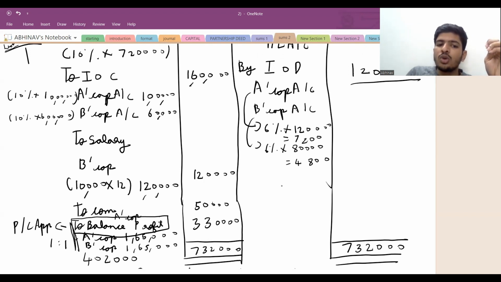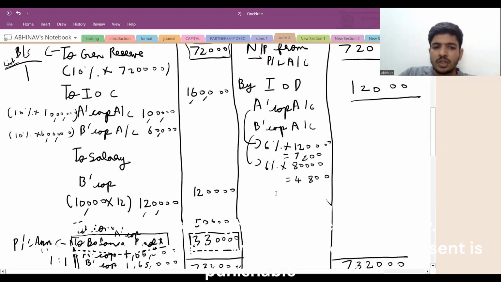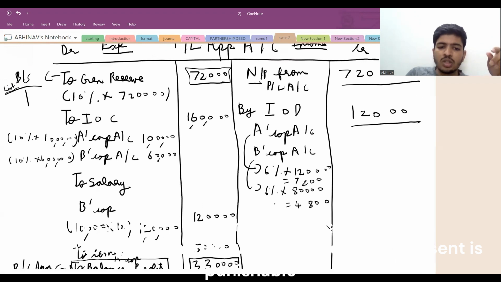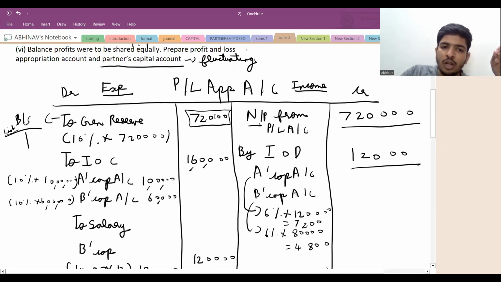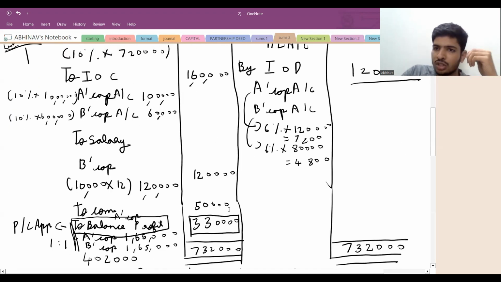So they want you to take 10 percentage of distributable profit and transfer it to general reserve. So then you can ask, why didn't I just take 10% of 3,30,000 directly? See, this 3,30,000 was found after you already found general reserve of 72,000. And then you added this credit side and subtracted all the values of the debit side and you got 3,30,000.